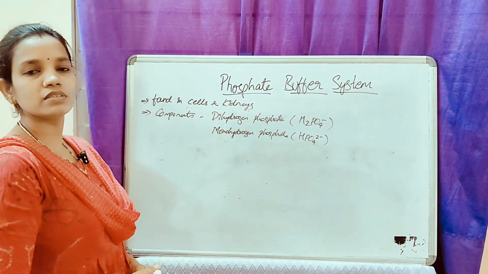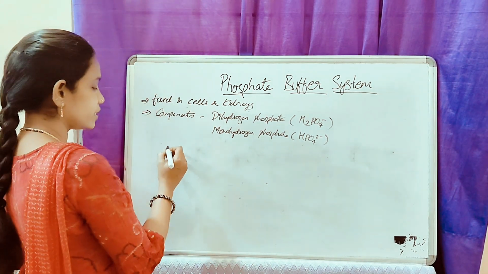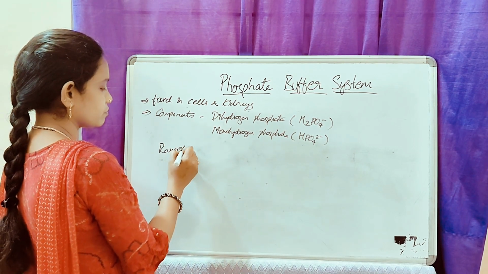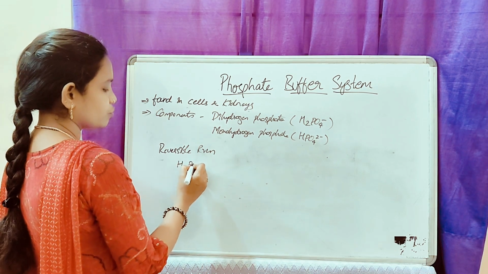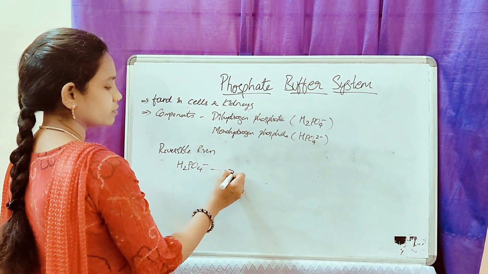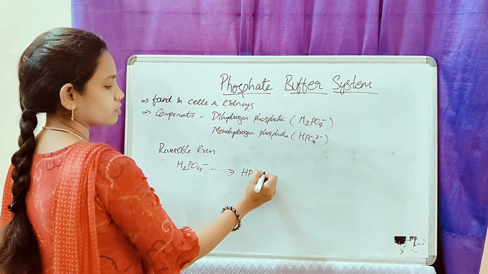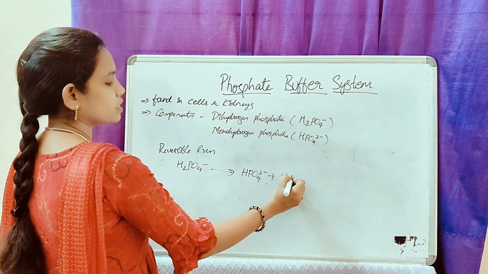Now this phosphate buffer system works on this reversible reaction, that is H2PO4 minus dissociates to HPO4 2 minus plus H plus.